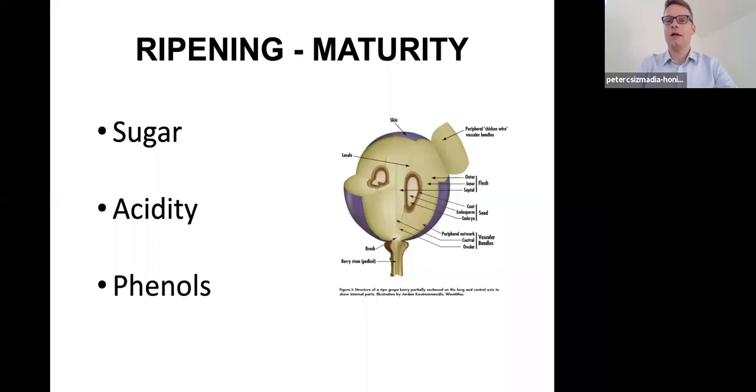And then the last element to consider is that we need to have also ideal maturity for phenols. So phenols or tannins are practically, if you think about your morning chai or green tea, the best way to relate to it in this virtual environment.